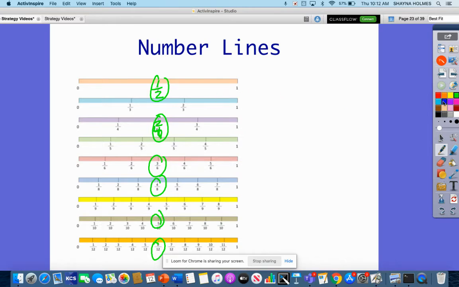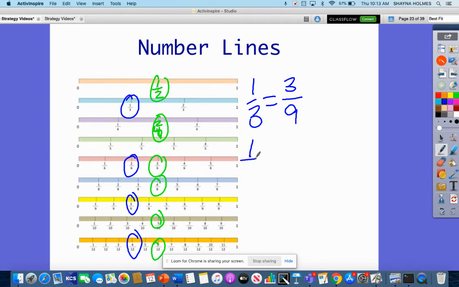Now I'm going to use a different color. Let's look at 1/3. What other fractions would be equal or equivalent to 1/3? Well, we have 2/6, 3/9, and 4/12. So 1/3 is equal to 3/9, 1/3 is equal to 4/12, and 1/3 is equal to 2/6.